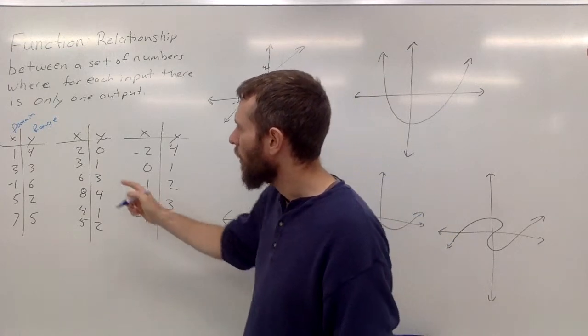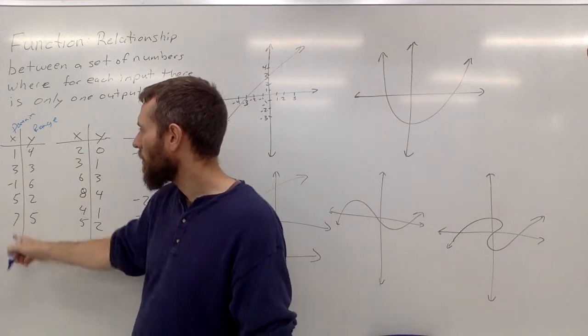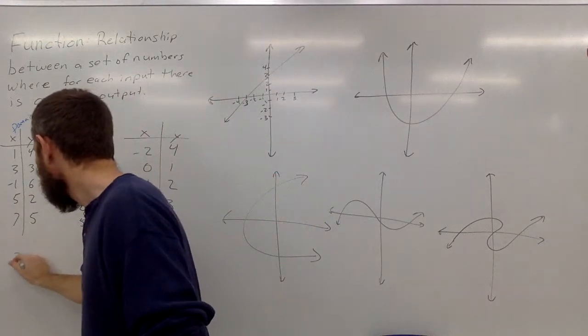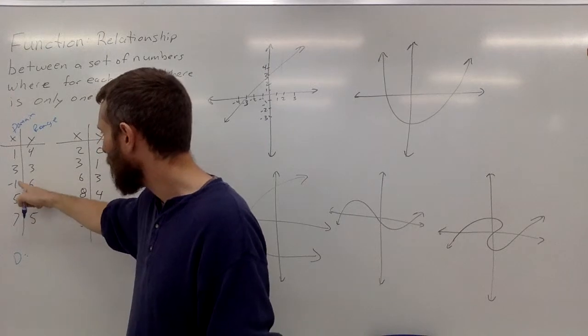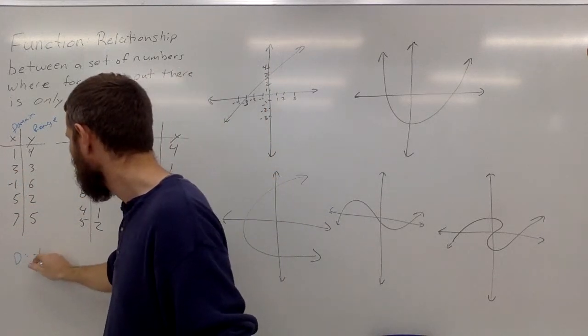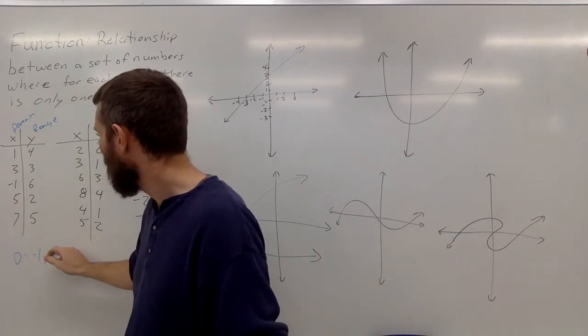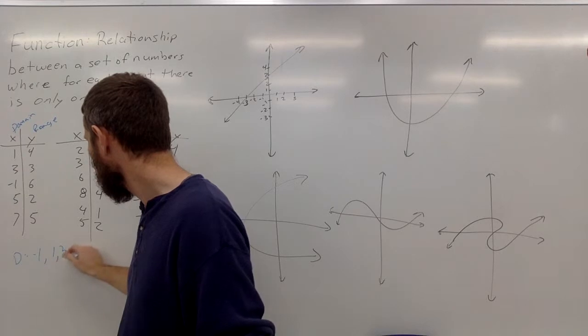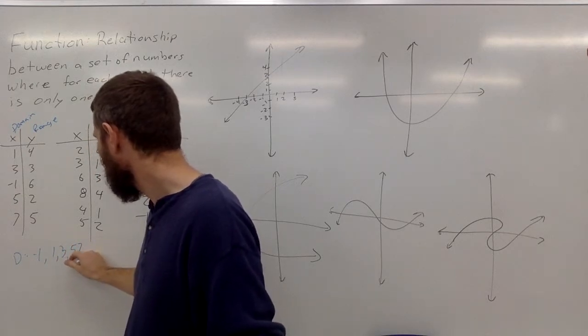So let's see. The domain for this table is just going to be our values for x. We'll write them from least to greatest: -1, and then I think the next one is 1, 3, 5, 7.